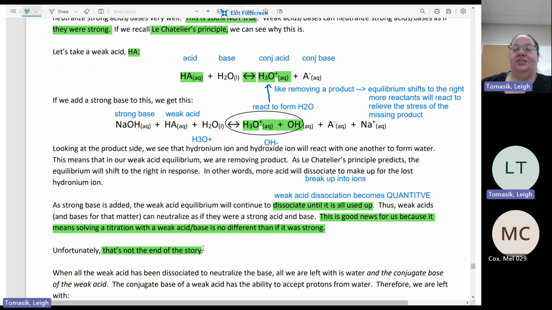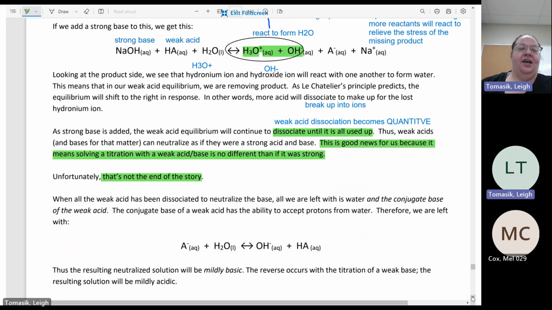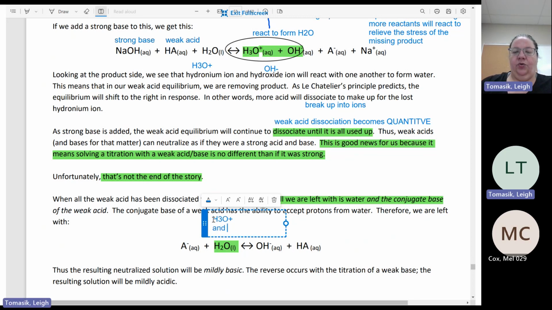So all of the acid gets used up, but when all the weak acid has been dissociated to neutralize the base, all we are left with is water and a conjugate base. So you can see we will have the H2O, and the H2O comes from H3O plus and OH minus.